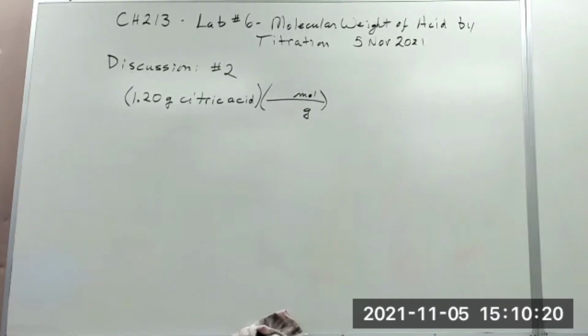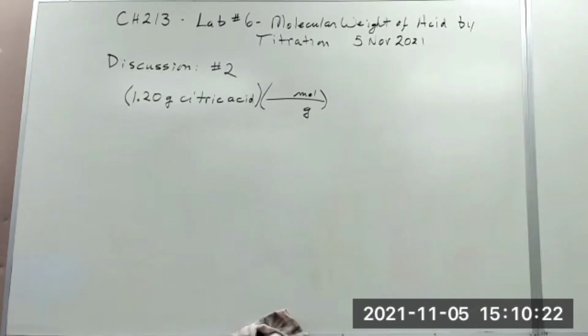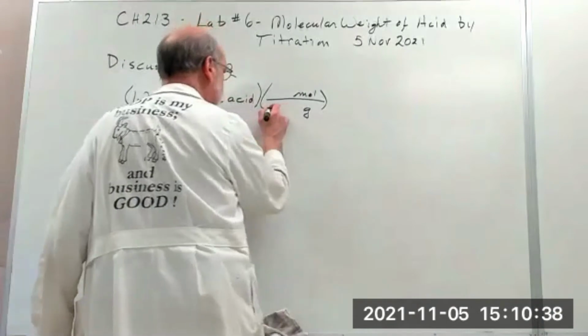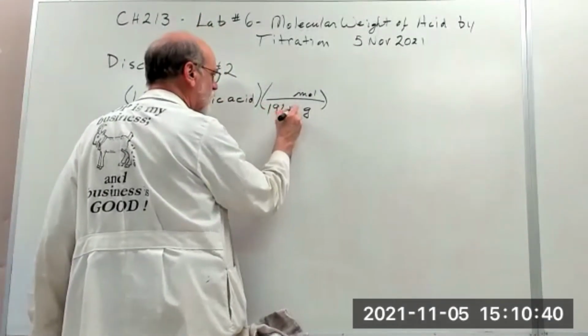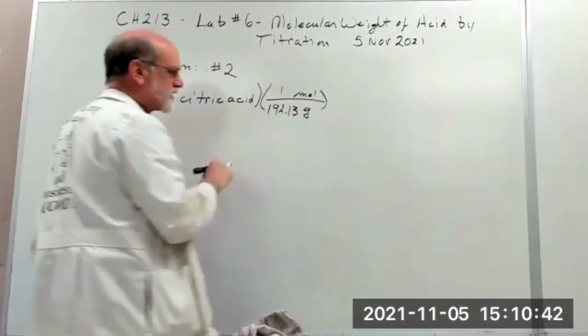We're going to need a value to compare our data to. All right. That's okay. I think it's right. Here it is. Accepted value, 192.13 grams per mole. That's the accepted value.